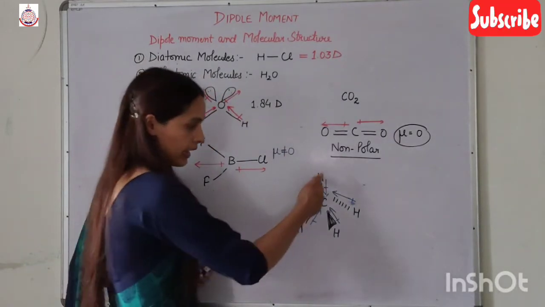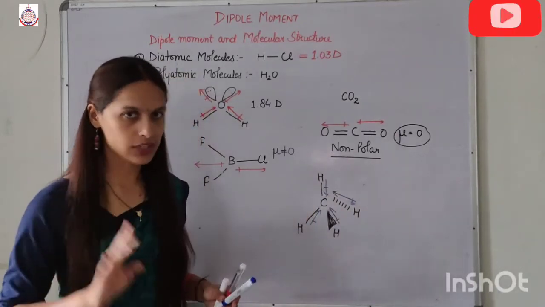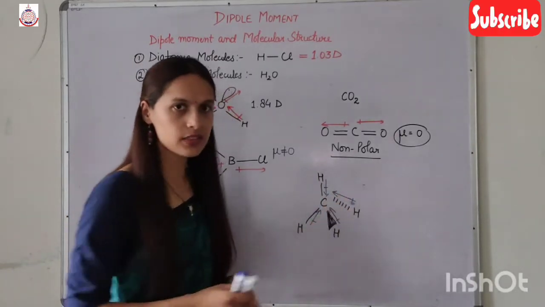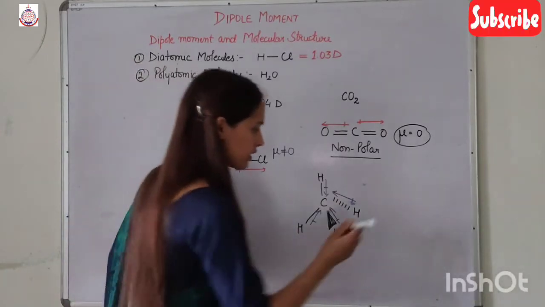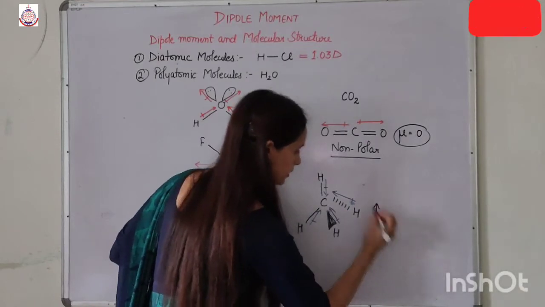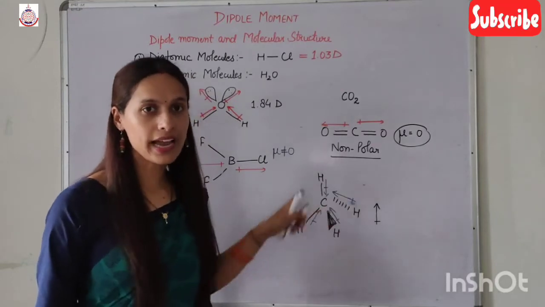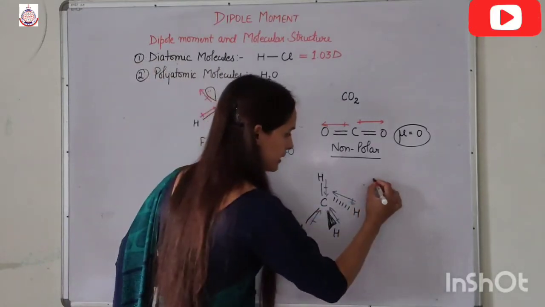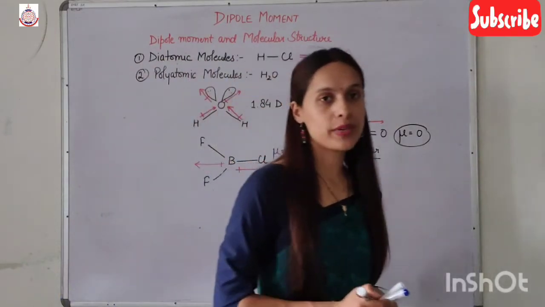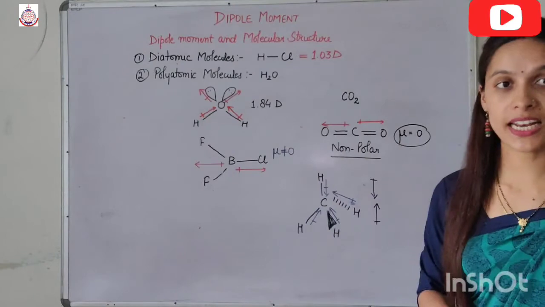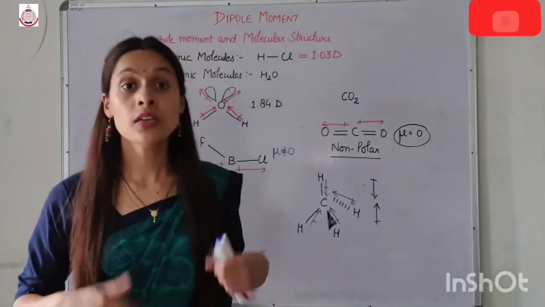Now, downward the dipole moment is in one direction, but upward the dipole moment is in three directions. So we calculate the resultant dipole moment in the upward direction. The resultant dipole moment will be this, suppose. Now, because the carbon is surrounded by all hydrogens, the dipole moment downward and the dipole moment upward have the same magnitude but different direction, as a result of which the total dipole moment of methane becomes 0.